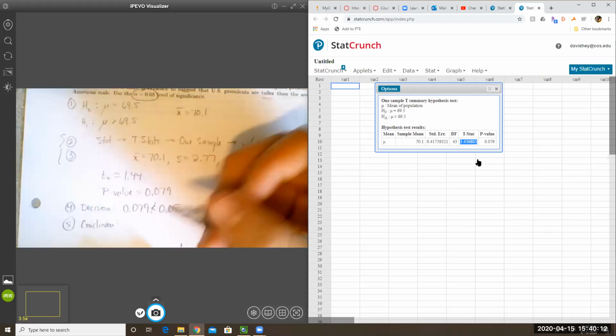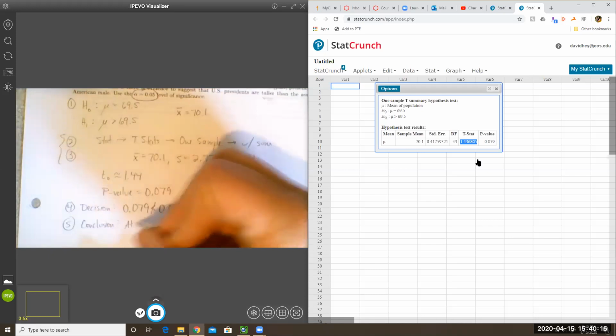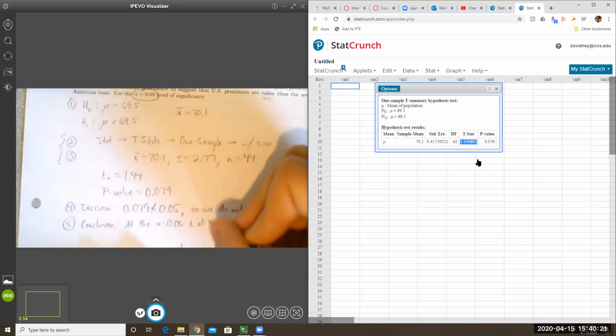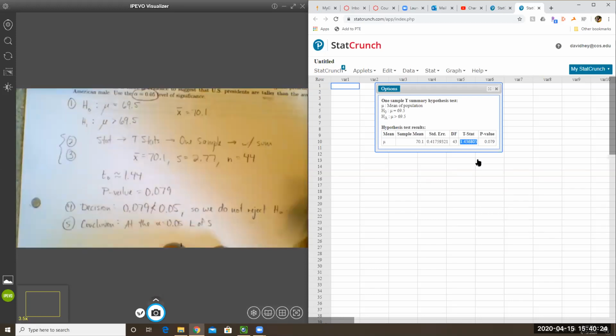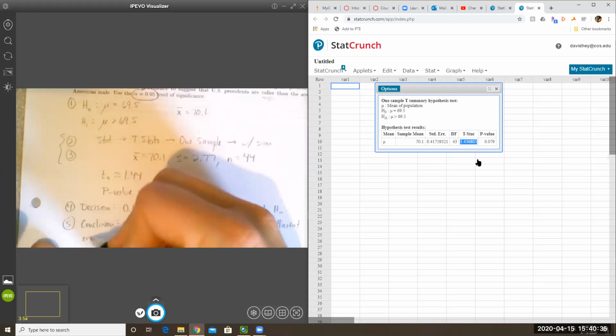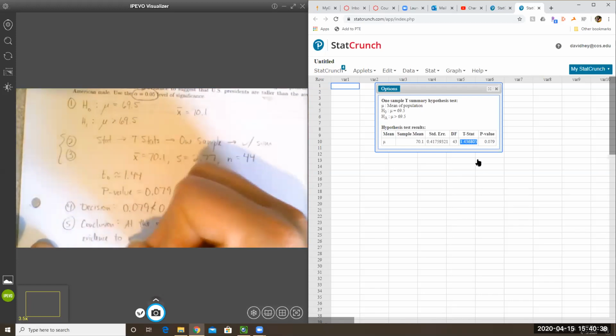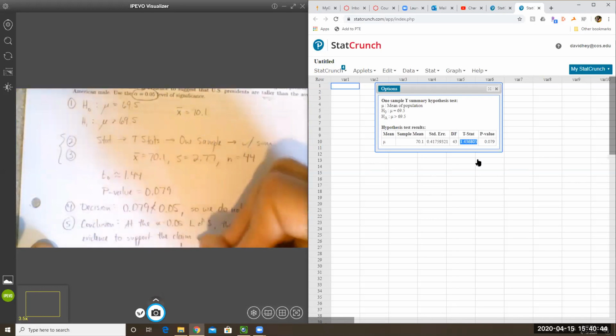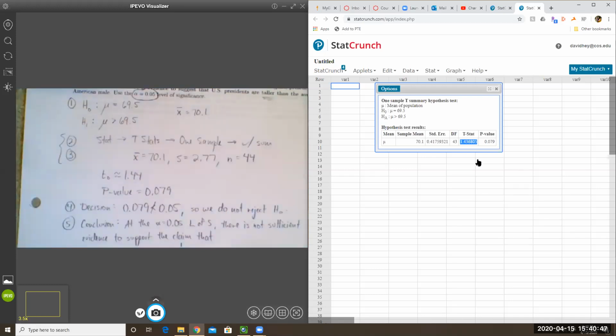So in conclusion, we would say something like this. So at the alpha equals 0.05 level of significance, there is not sufficient evidence to support the claim that, and then here's where you insert the alternative hypothesis in words, right?